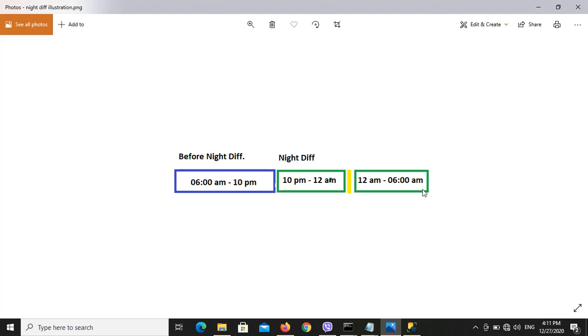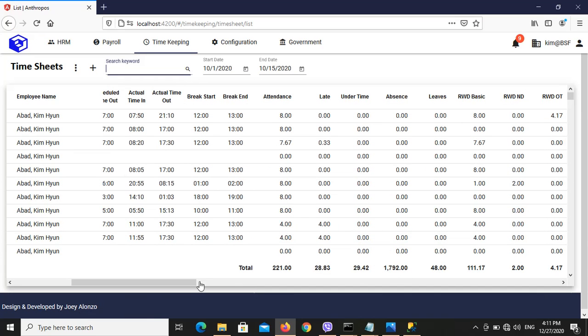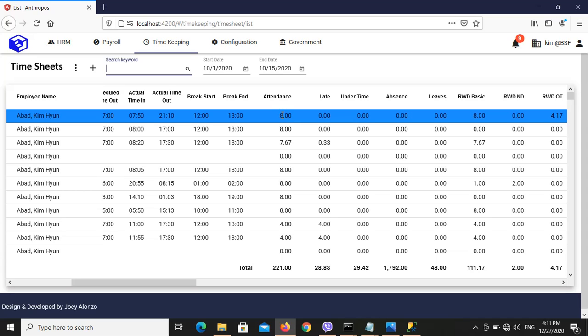So that's why we need to segregate the 10 p.m. up to 12 midnight. Now, going back to our timesheet, we have here the attendance.